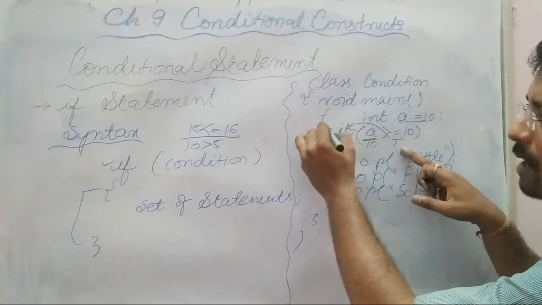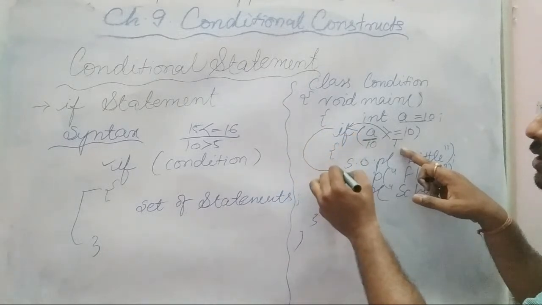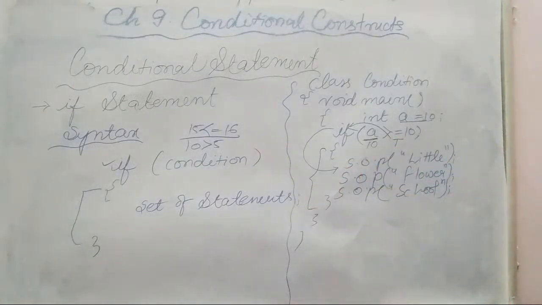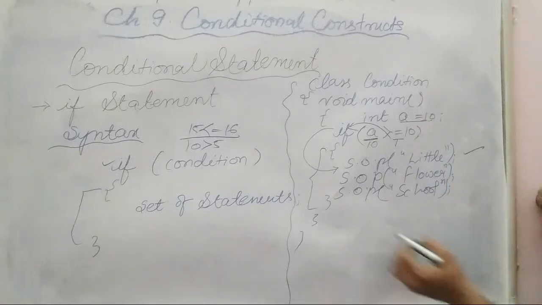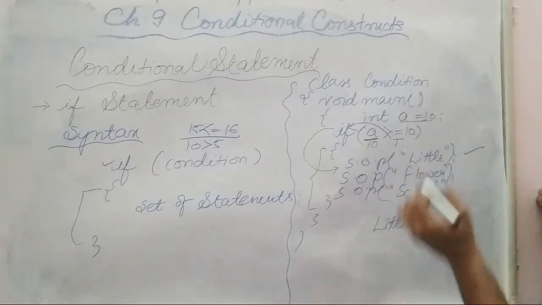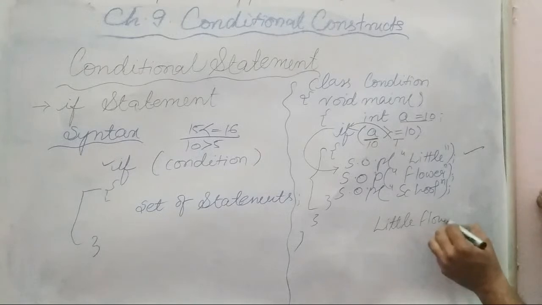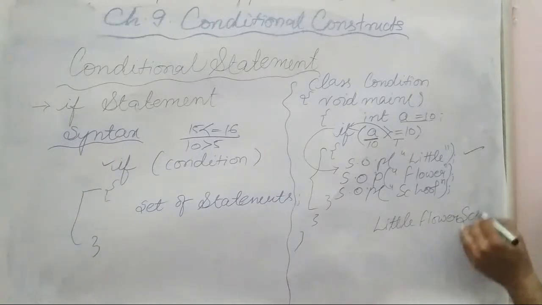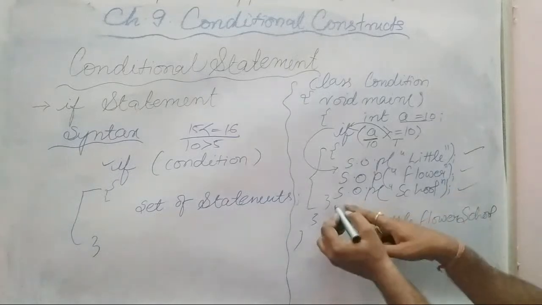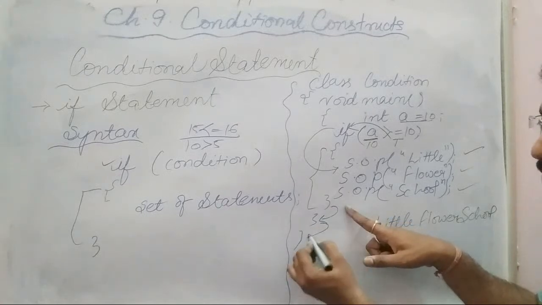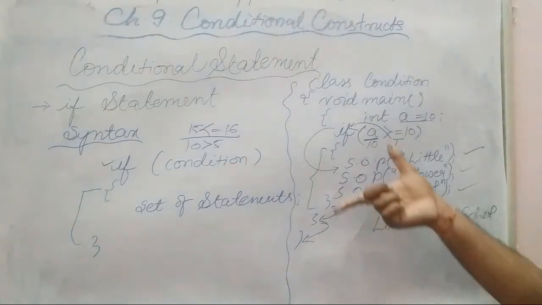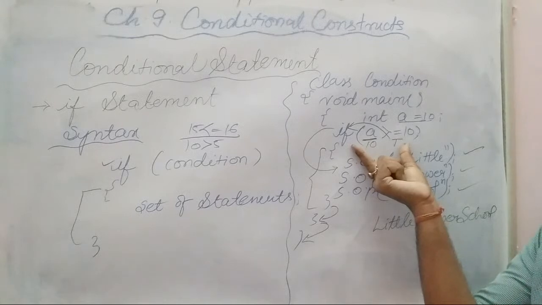If sends the program controller to the block area. In the block area, the first statement will execute and your output will come on the screen. There is no change of line, so flower will come just in front of little, after that school. This way the first statement and second statement execute. After that, control comes outside of the block, outside of the class and function, and the program terminates. This way your condition works.